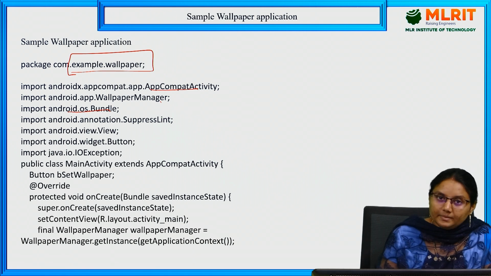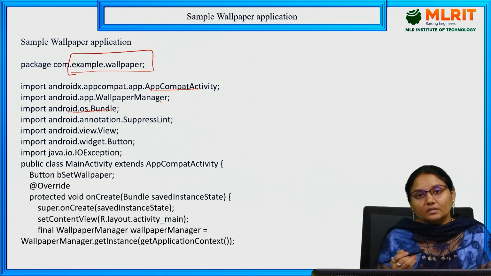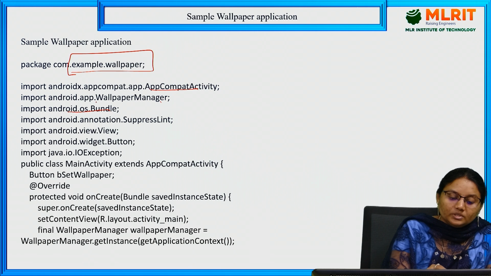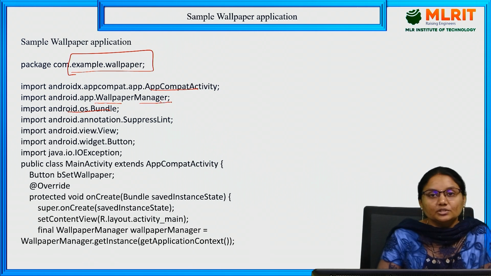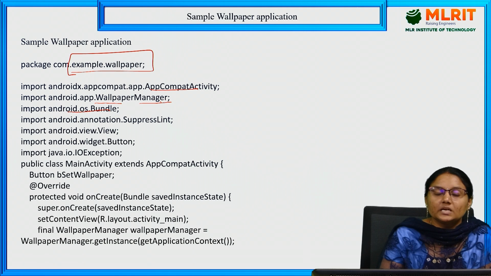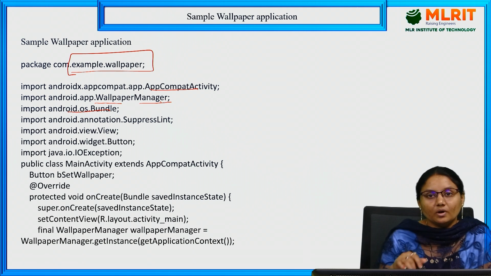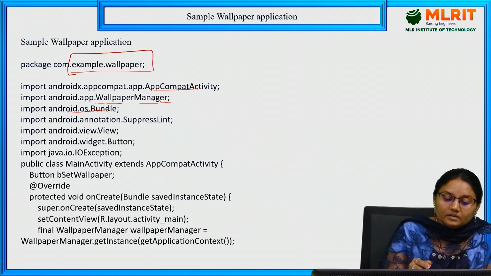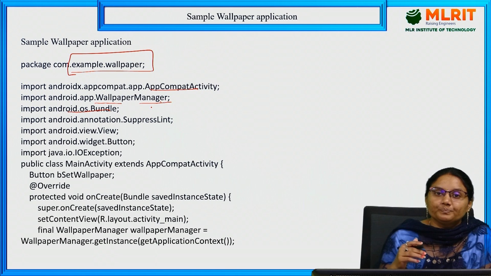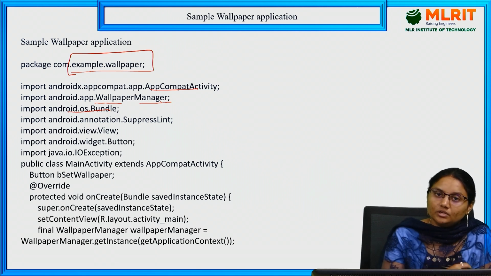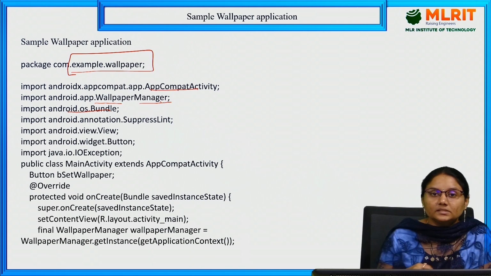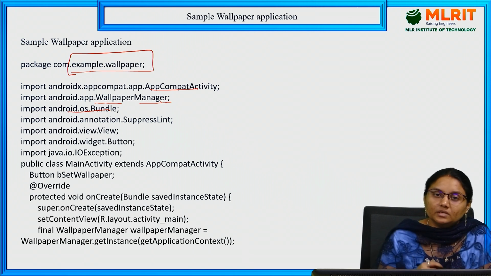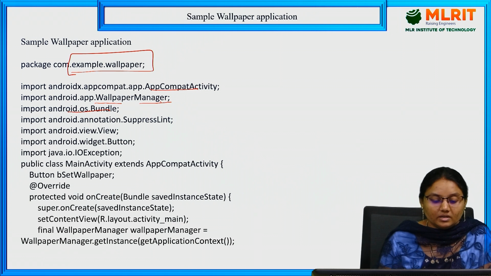But this is the application where we have to display the wallpaper image, for which you need to use the WallpaperManager. WallpaperManager manages every image that you are going to deploy into your application. For this, you need to download the wallpaper and paste it in your drawable folder. Then only your WallpaperManager can access or retrieve that particular image that you have saved and you can run it.